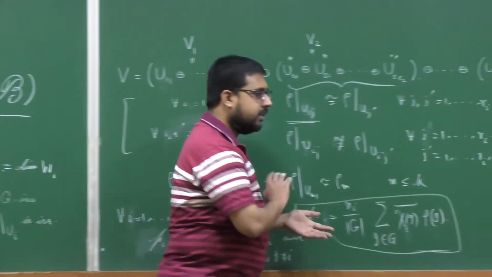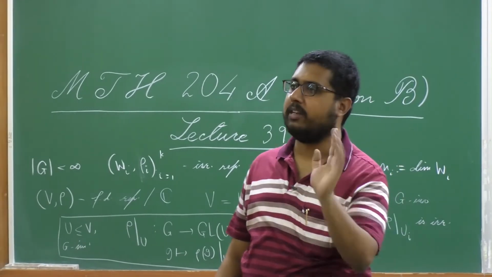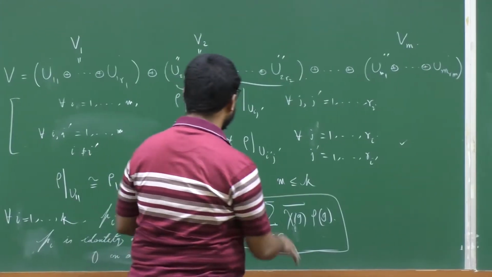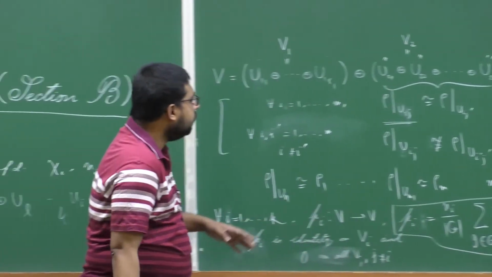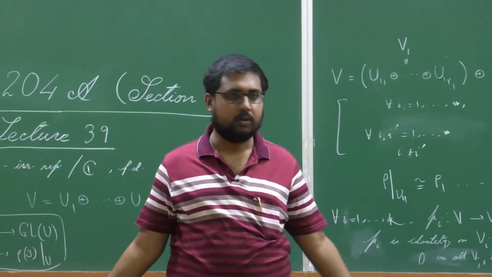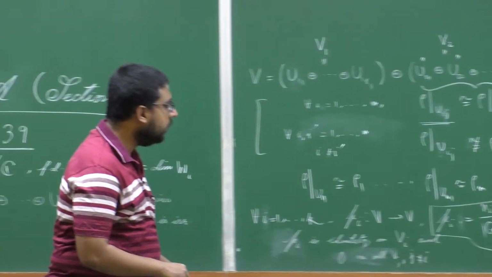Apart from that, it does not contain anything. The point that I want to stress is, look at the definition of Pi. It is entirely independent of the decomposition that we are working with.